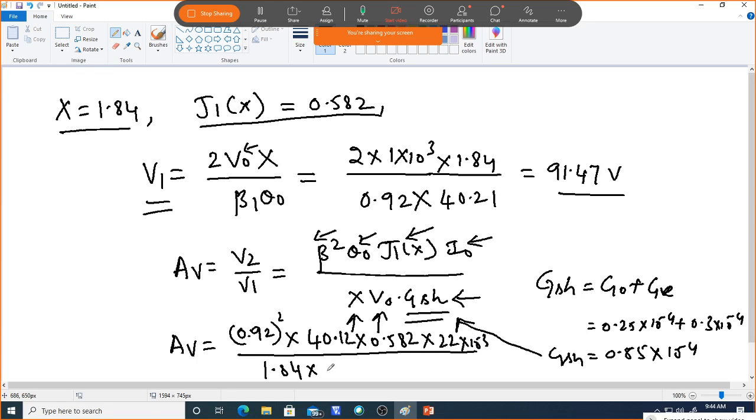And V naught is 1 kilovolt, that is 10 power 3, and the DC shunt conductance is 0.55 into 10 power minus 4. So now calculate AV.